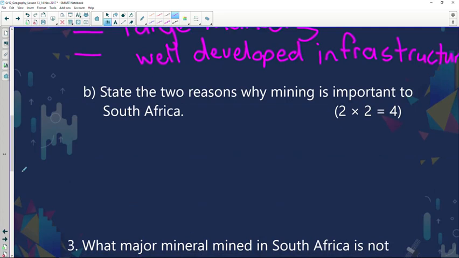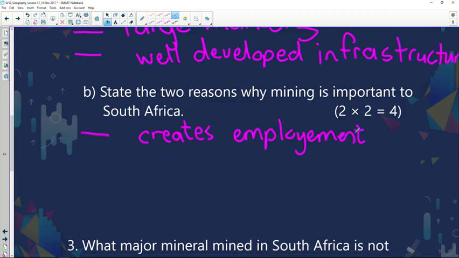State 2 reasons why mining is important in South Africa. First of all, the most important reason: it creates employment. So it gives people the opportunity to earn an income and provide for their families.